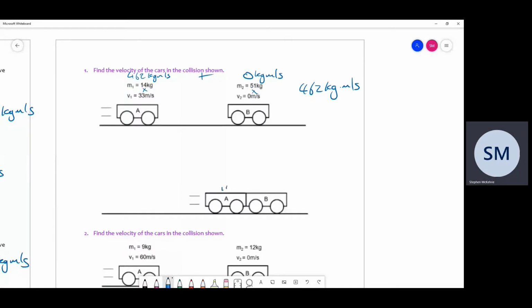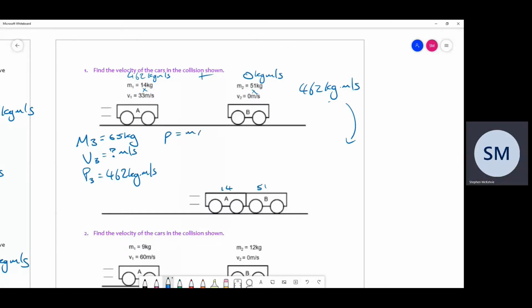Mass of the car 14, the mass of this car is 51, giving me a total mass of 65 kilograms. We do not know the velocity in meters per second, but because the momentum before has to equal the momentum afterwards, I can say that momentum 3 is going to be equal to 462 kilogram meters per second.